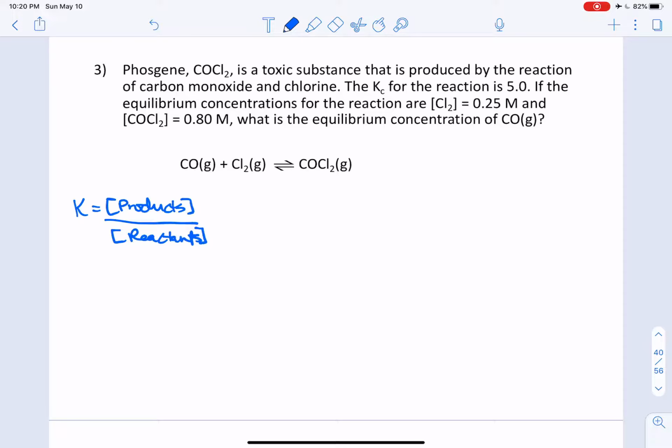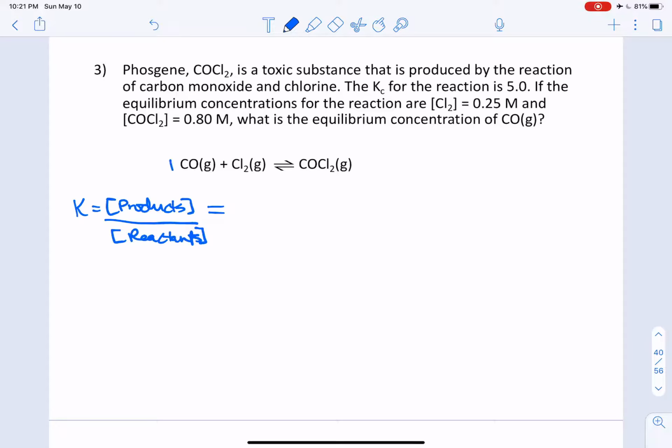If we want to put the products and the reactants into this equation, we first want to make sure that our equation is balanced because we need to use the coefficients. So we've got 1 carbon on each side, 1 oxygen on each side, and 2 chlorines on each side. So yay, it's already balanced.